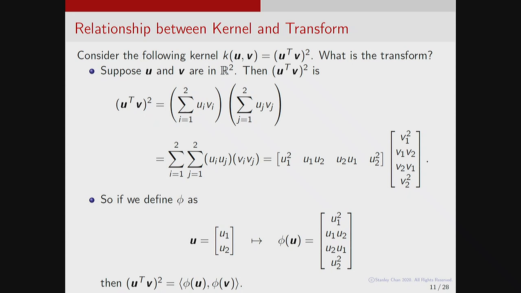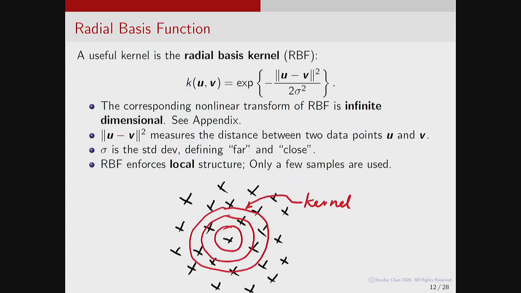As long as you give me u and you give me v, I measure the distance, I'm good. It will be like a kernel. So in this particular kernel, RBF, I take the distance between u and v, the 2-norm squared distance, and then I put a Gaussian function on that distance. I define it to be my kernel.